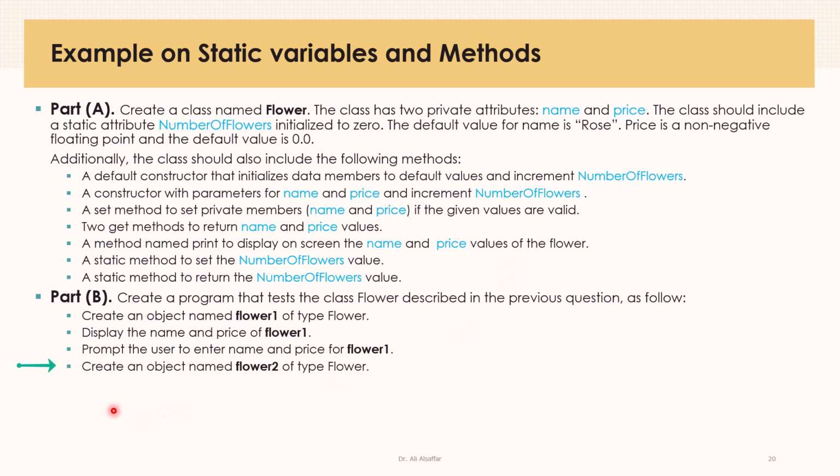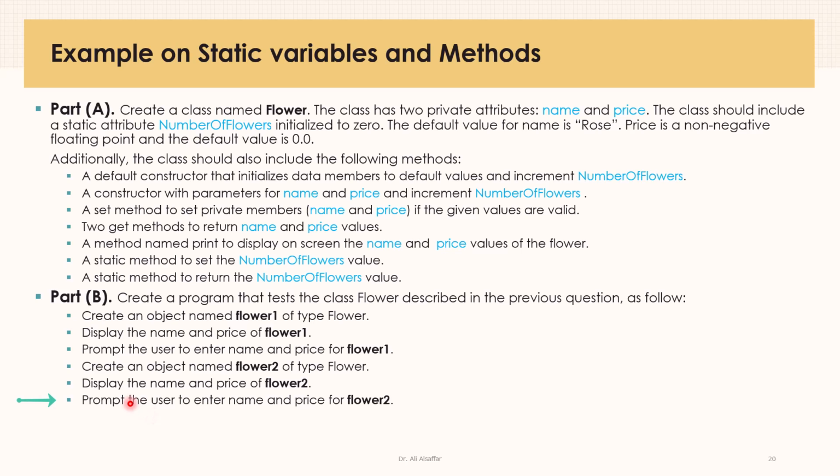Next, we need to create another object from this class called flower2, and at the same time display the name and the price for flower2. Remember, the same as step number 1, we are going to call the default constructor. So again, for flower2, when we display its information, the name will be Rose and the default price will be 0.